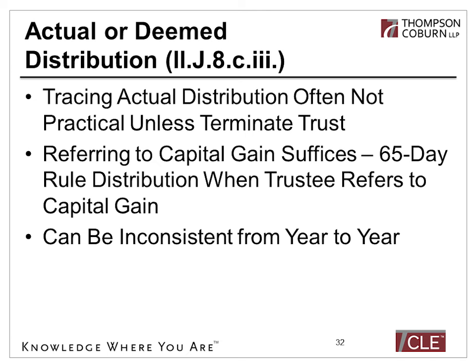So Laura mentioned before that any distribution that's made in the 65-day period, so any distribution made between now and March 6th of 2017, can count as a distribution for 2016 or 2017.